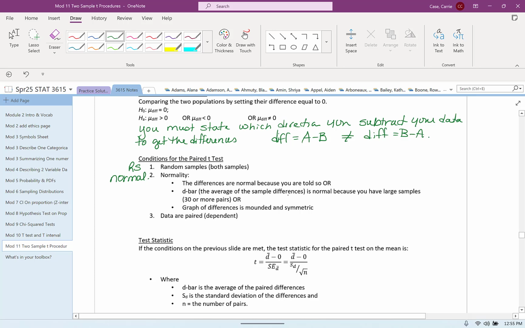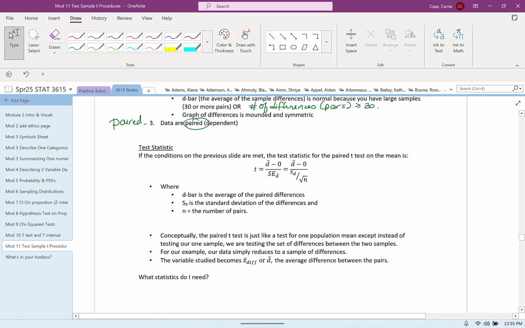D bar, the average of the sample differences, is normal because you have large samples, and that means that the number of differences or pairs is greater than or equal to 30. That's the central limit theorem working. Or the graph of the differences is bounded and symmetric. And then the data here are paired instead of independent. So they are dependent or paired.